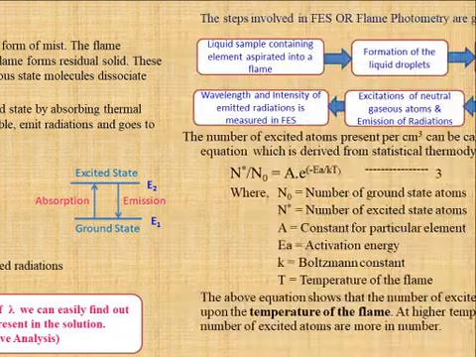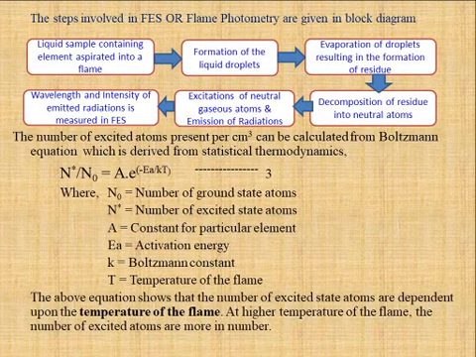This is very important. Then there are a number of steps involved in flame emission spectroscopy or flame photometry, given in a block diagram. These are the events occurring in the flame, shown in the form of a block diagram. Initially, a liquid sample containing the element is aspirated into the flame by using an aspirator, that is a nebulizer, also called a burner.